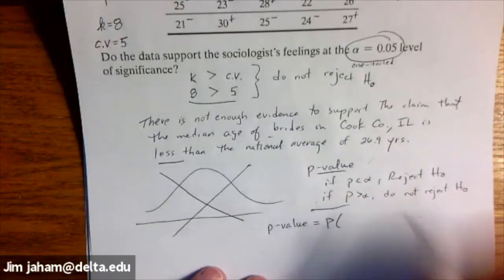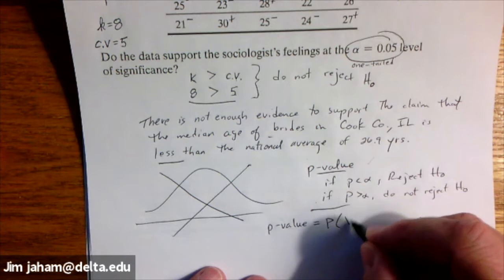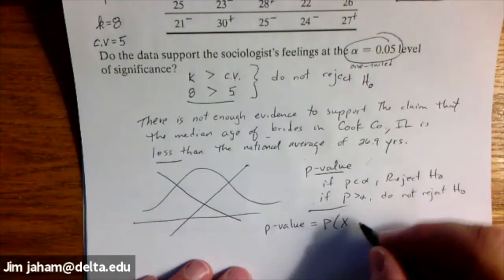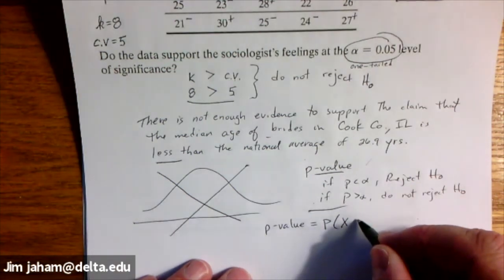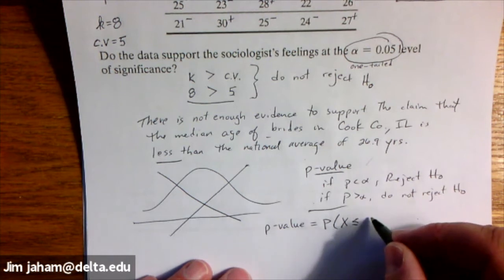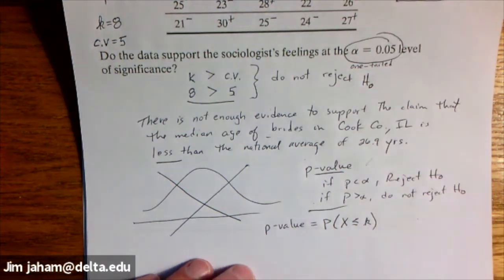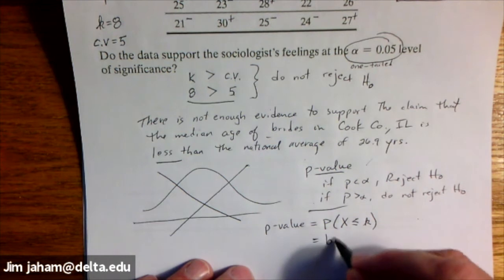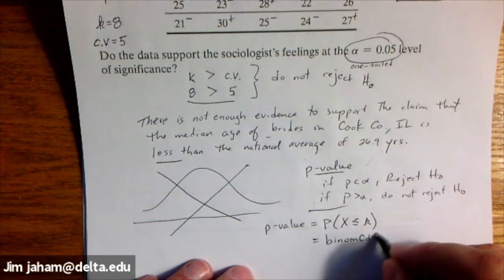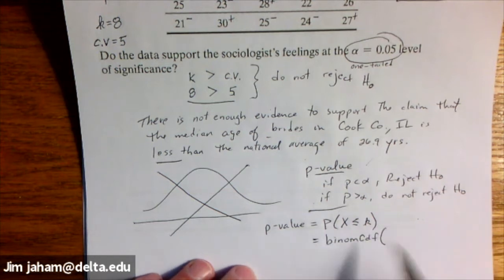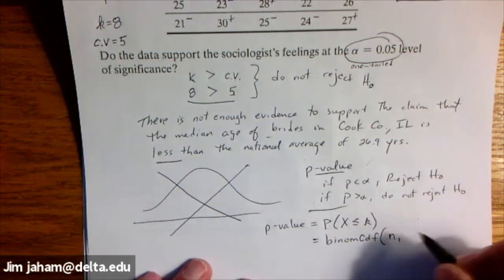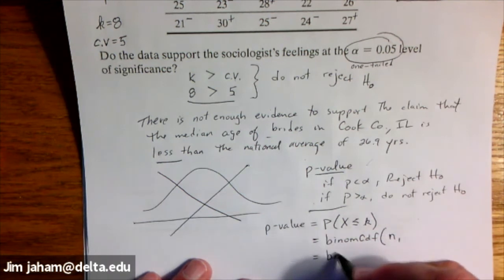It's the probability that the number of plus signs or minus signs, depending on what it would be, is less than or equal to our value of k in the binomial. So this is binomial, and we want to go CDF here, and it always has to have n first. Well, our n is 20. I'll write it in here.